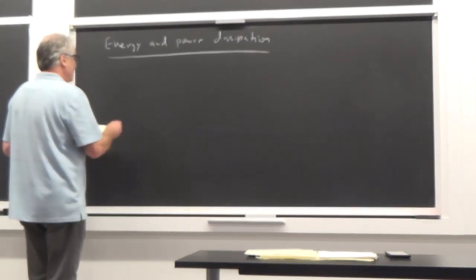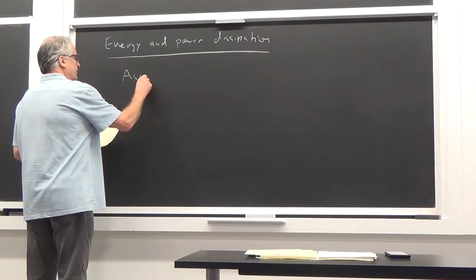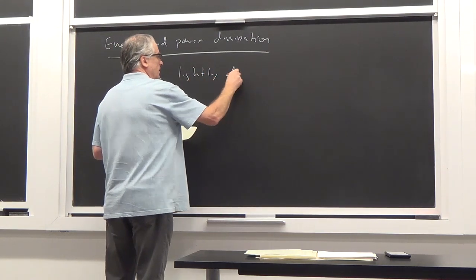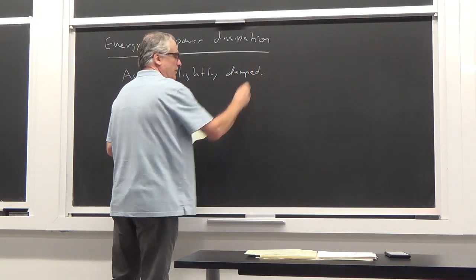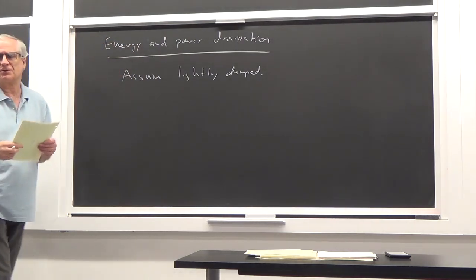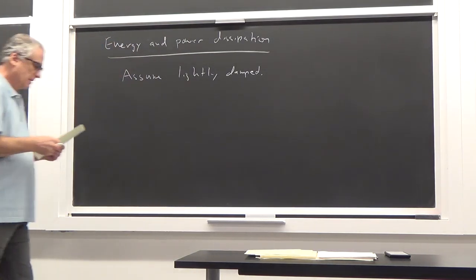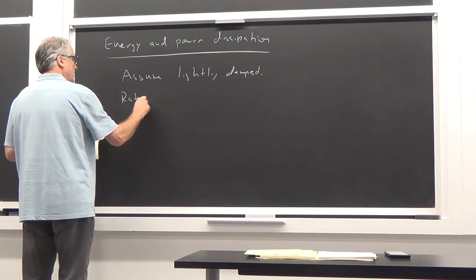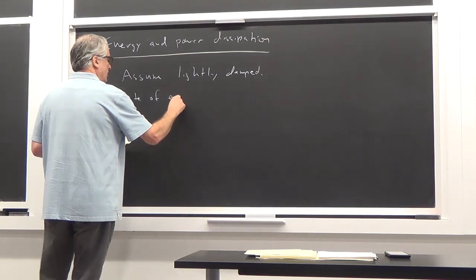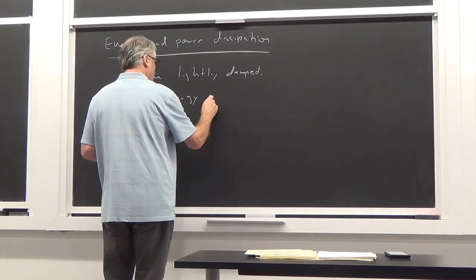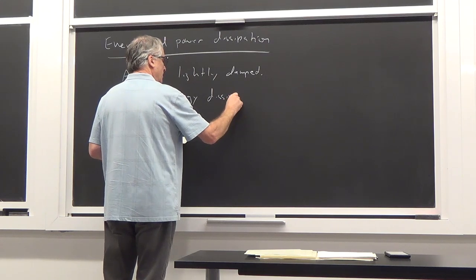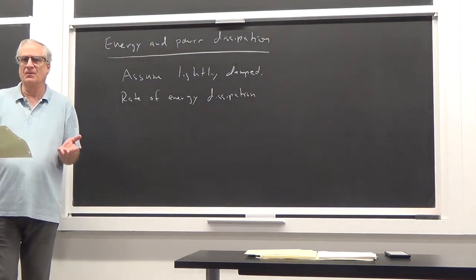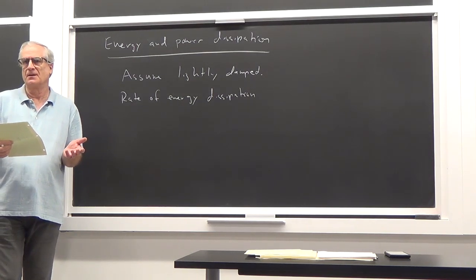So let's assume, for the sake of our discussion, that we're lightly damped. We could go ahead and analyze other situations too if we wanted to. So the rate of energy dissipation is just the power that's dissipated.